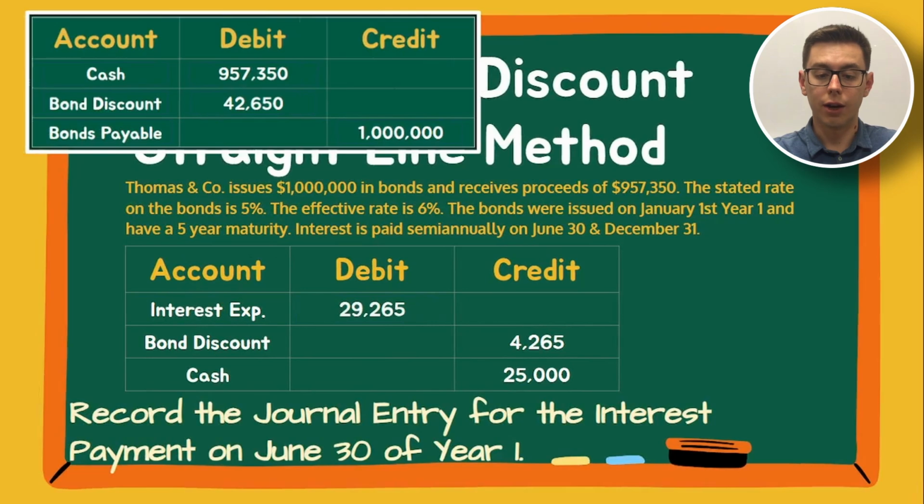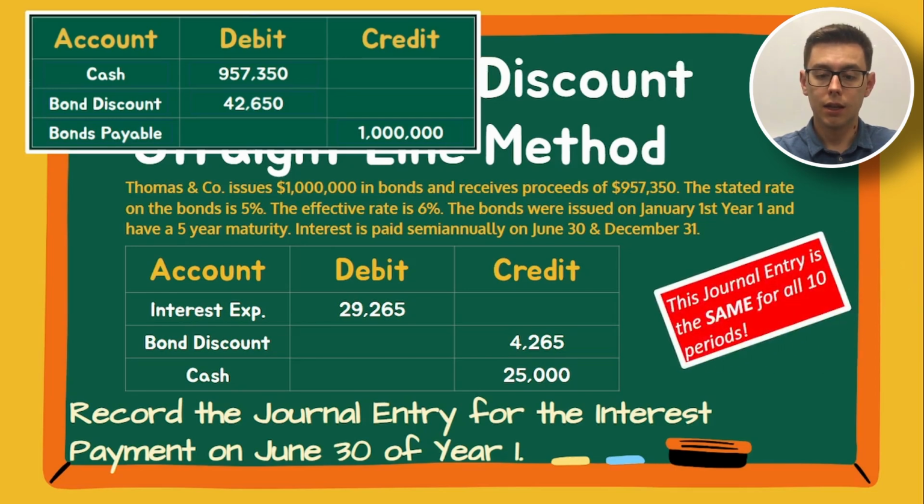This goes in our debit for interest expense. So you'll see that this entry is a little bit different from the bond premium, and that's because of the natural balance of the bond premium account versus the balance of the bond discount. Again, just like with the premium in the straight line method, this journal entry will be the same for all 10 periods, for all 10 interest payments.